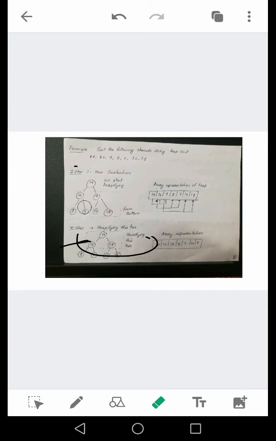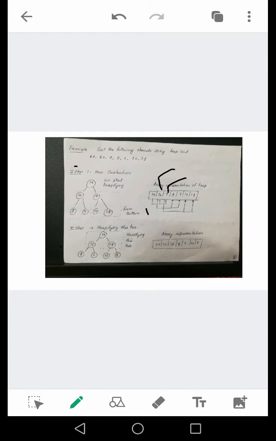In the previous lecture, in some properties, I was discussing the array representation of heap. The root node will come at the first place in the array representation. So 12 and 9 are the left and the right child of the root node 14.